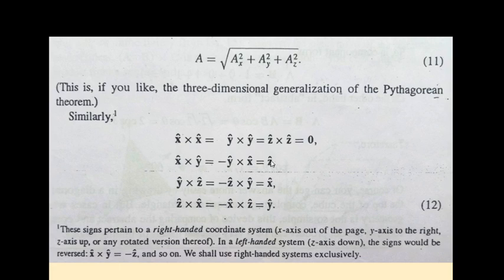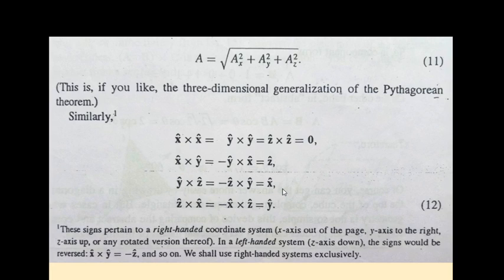Okay, and that's why this is z, but this is non-commutative, and therefore x cross y is not equal to y cross x. You have to put a negative sign, because one will come out of the page and the second will go inside the page.